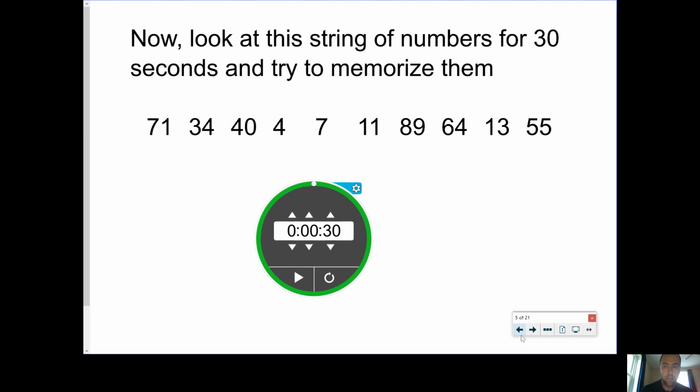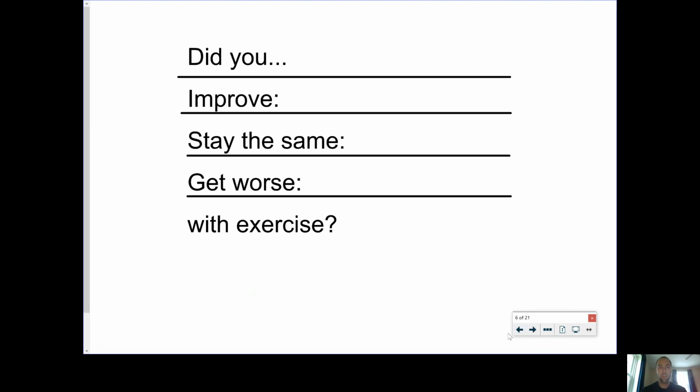Okay. So, did you improve, stay the same, or get worse? Again, I would probably poll the class again. We might show the graph of the data, maybe overlay it with the other graph.